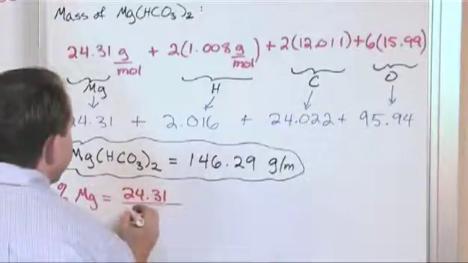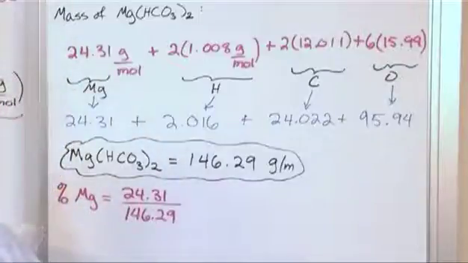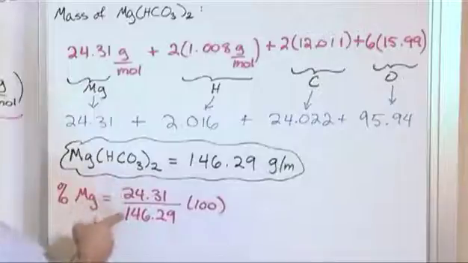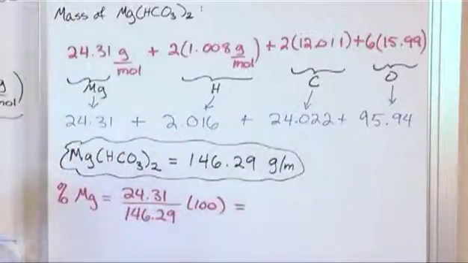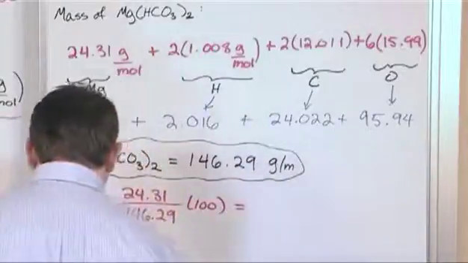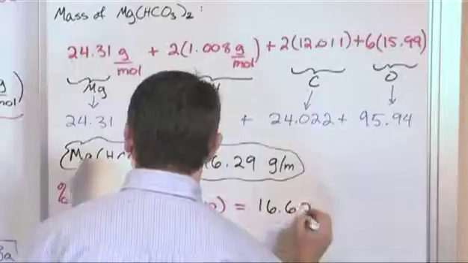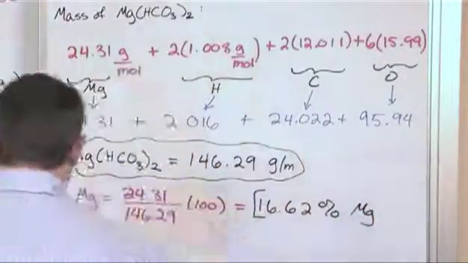The whole entire thing has a mass of 146.29 grams per mole of the whole compound. So we multiply by 100. Part over whole times 100. When we do this, we get 16.62% of magnesium. So that's one of the answers.